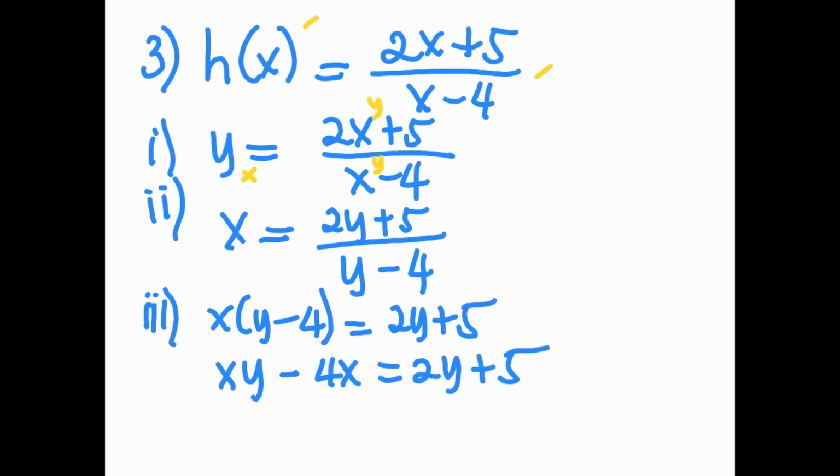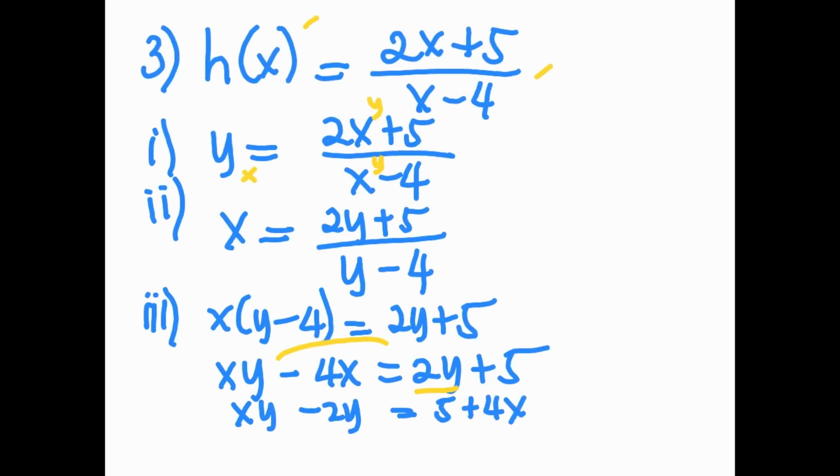Take note, our goal is to isolate y on one side of the equation. So transposing this 2y to the other side, it will of course become minus 2y, right? So this will now become xy minus 2y, and transposing negative 4x to the other side, we'll have 5 plus 4x, right?